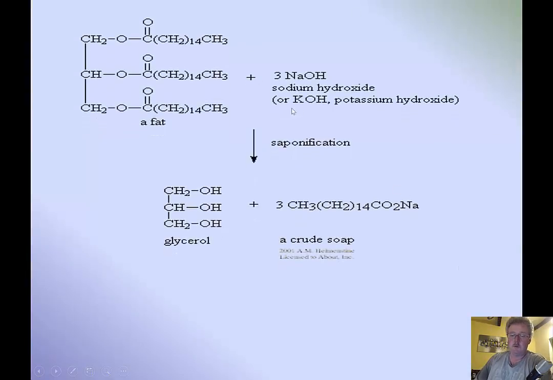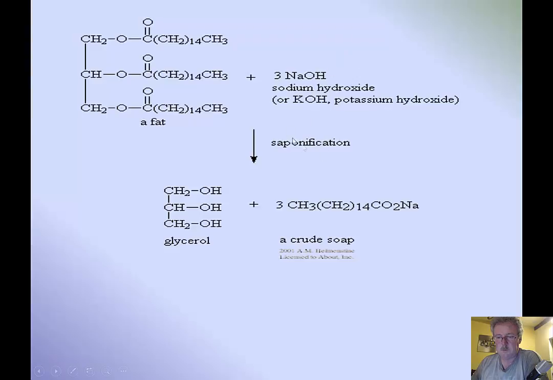And this is a full one we see here. We've got our glycerol group, and we've got our alkanoic acid attached. This makes glycerol plus fatty acids, so it's a fat or an oil. We add sodium hydroxide to it. And we add 3 of those because we want to break these bonds here, and we need a sodium for each one of these parts of the molecule.